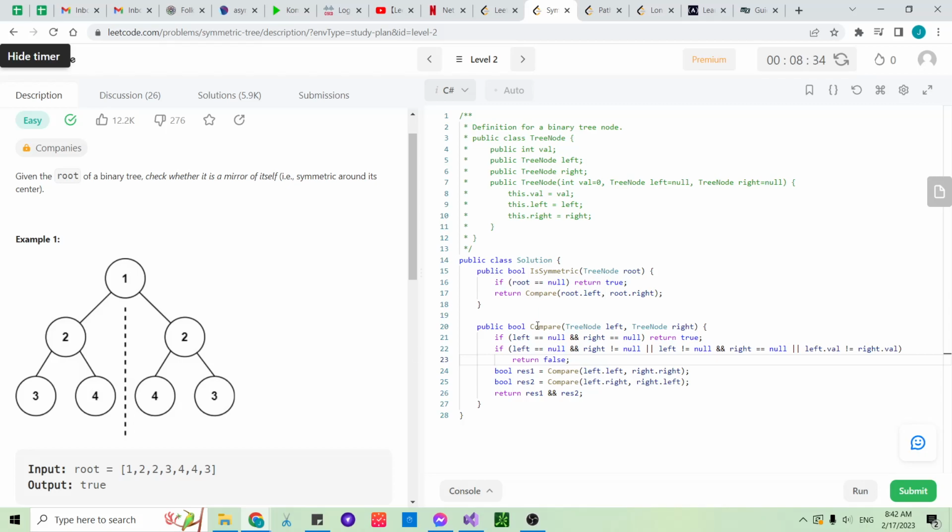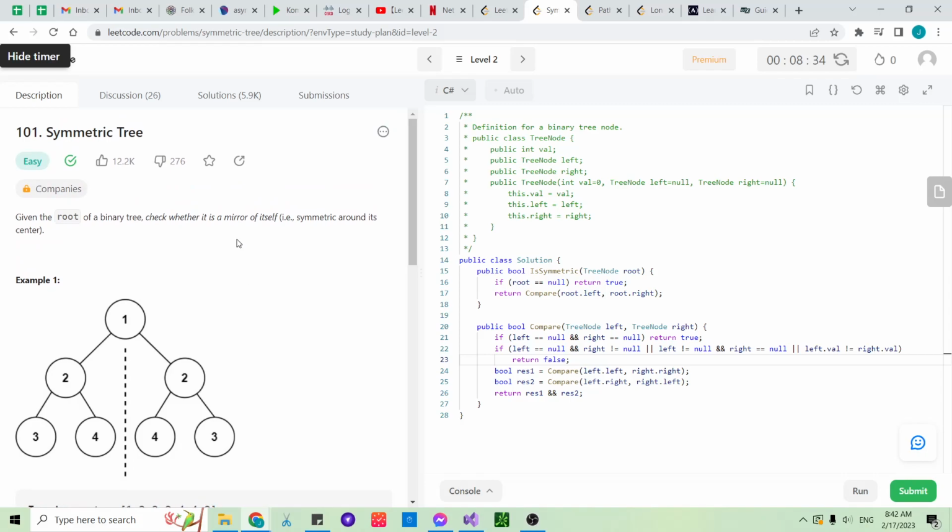And space would be constant because we're not using another structure to store anything other than the stack when we're going to this recursive routine.